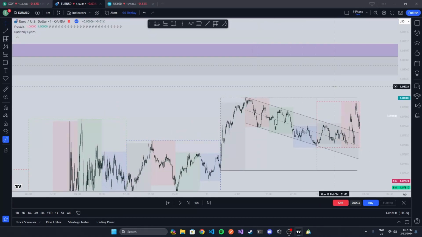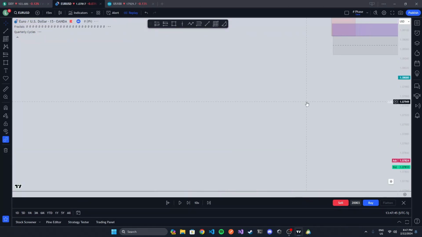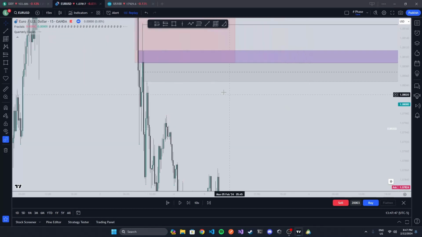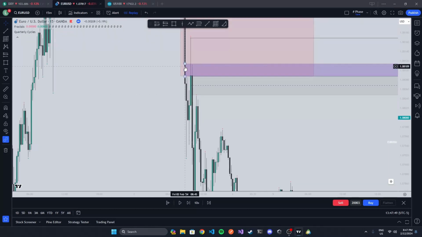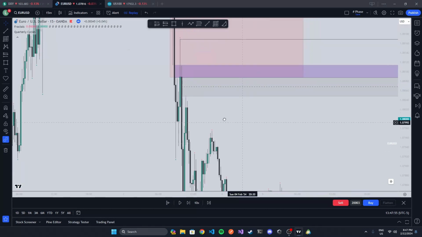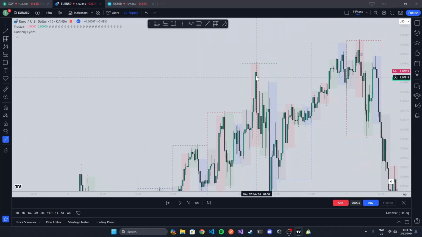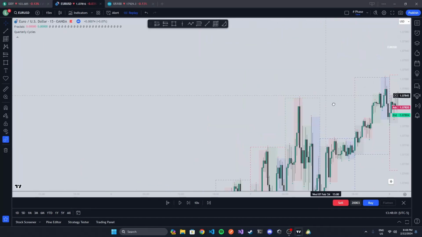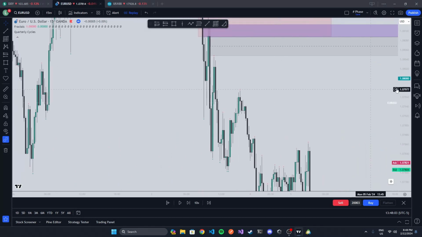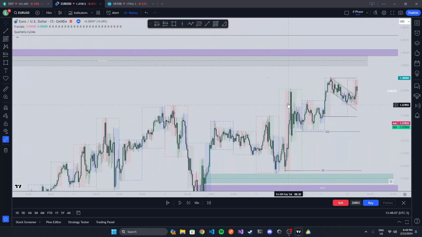And then what I would do is I go back in time, maybe on like a 15-minute or a 1 hour, and I try to find a PD array like this one, or this breaker block. I think this was a 30-minute breaker block that formed inside the manipulation quarter, which is this red box. And if you go back in time enough, you'll see that this one formed in a manipulation quarter.